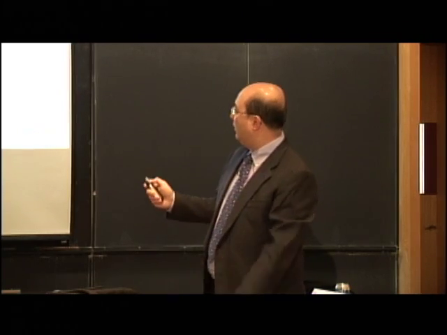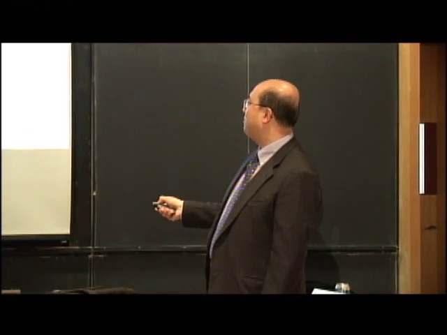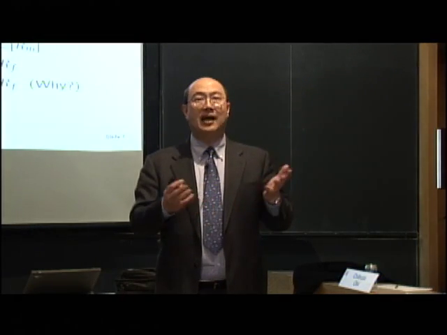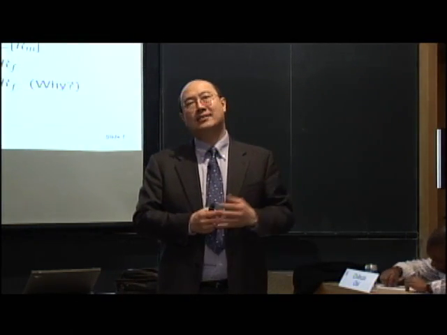But now, with an asset that has a beta of 0, you're getting the risk-free return, even though an asset with a beta of 0 still may have some volatility. It's not the risk-free asset. It's any asset with a 0 beta.